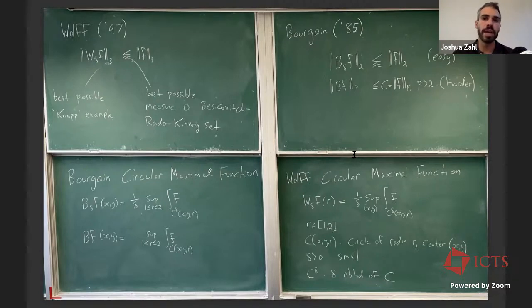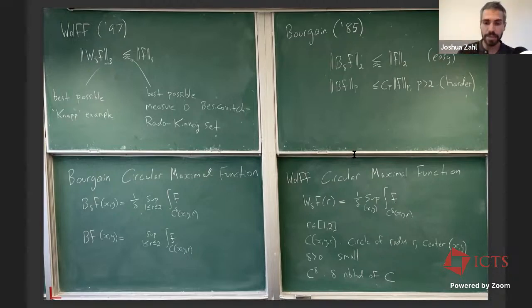A consequence of that is you don't see these sorts of measure 0 Kakeya-like sets or Besicovitch-Rado-Kinney type sets. So if you have a set in the plane which contains a circle with every center, or with every center in some set of positive measure, then that set can't possibly have measure 0. So they don't look like Besicovitch-Rado-Kinney sets. There's really a qualitatively different behavior there.